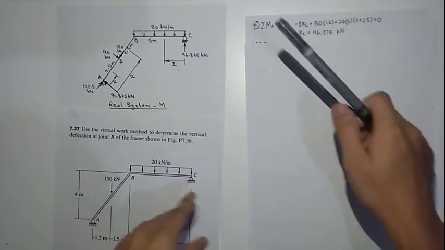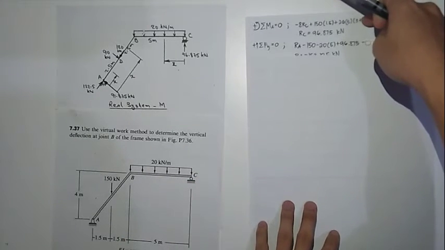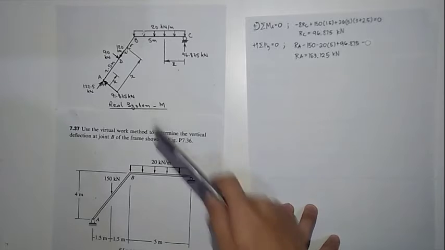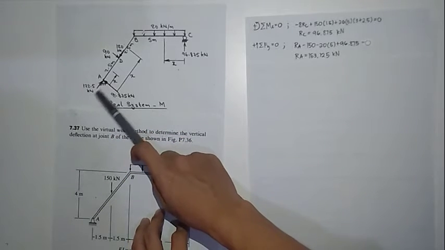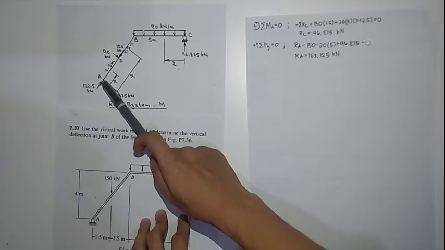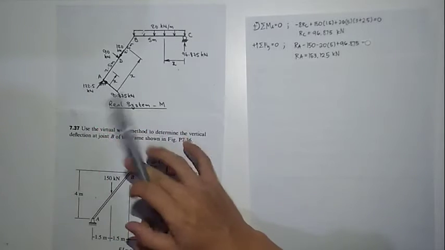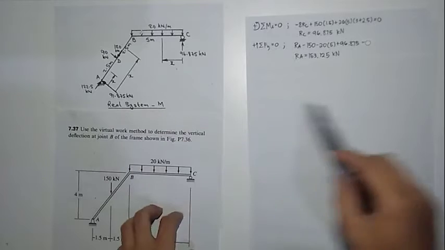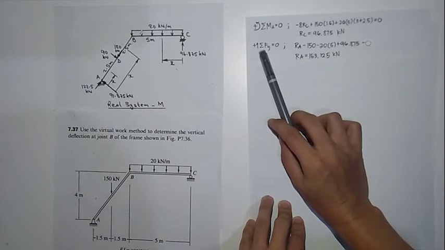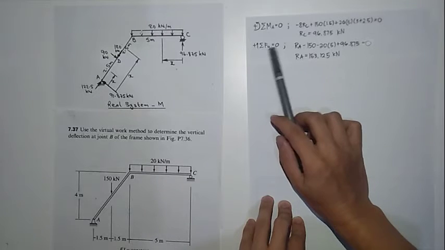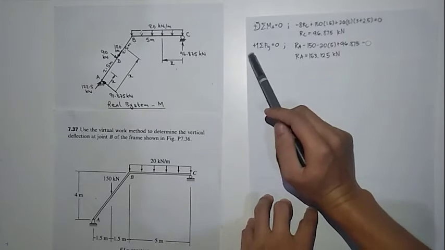So, next is hahanapin po natin ang RA. So, ito po ang RA. Dito banda. Dito po banda ang RA. So, paakyat po. Pero, mamaya po ipakita ko bakit wala pong RA dito. So para mahanap po ang RA ay i-add summation po tayo of all forces in Y where positive is upwards.